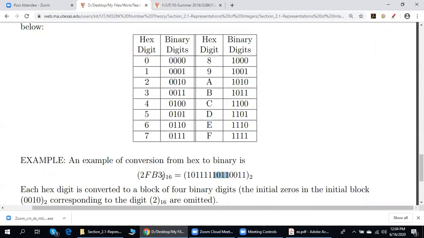And lastly, we replace 3, which is over here, by 0, 0, 1, 1. Now, we do not skip the initial zeros. Note that since 2 is on the first position, we skip zeros. Over here, for 3, we use all 4 digits, 0, 0, 1, 1.